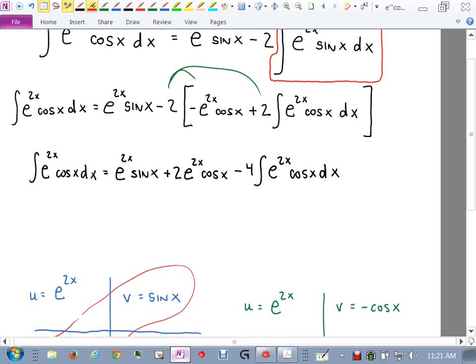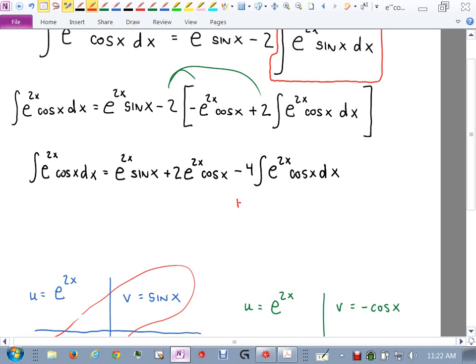Except how many of these integrals do I have here? What's the number sitting in front of this? A 1. How many of these do I have? Minus 4. So couldn't I just add 4 of these integrals to both sides of the equation? It's like if you have x and negative 4x and you want to move all your x's to one side, you add it to both sides. That's exactly what I'm going to do here.